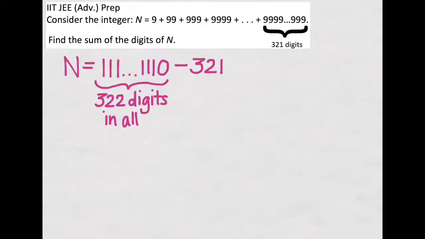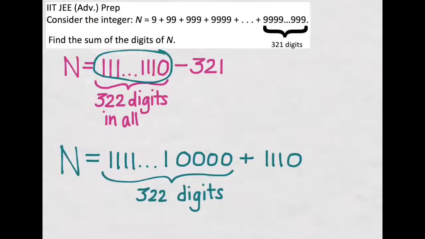Computing the final value of n now becomes pretty straightforward. We can rewrite this large number over here as this. So I just took 1,110 away from this large number, and this left term is what's left. So the end 4 digits all became 0.